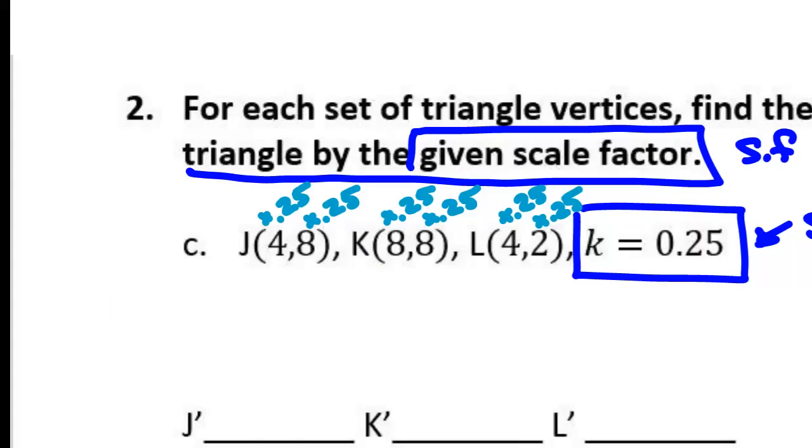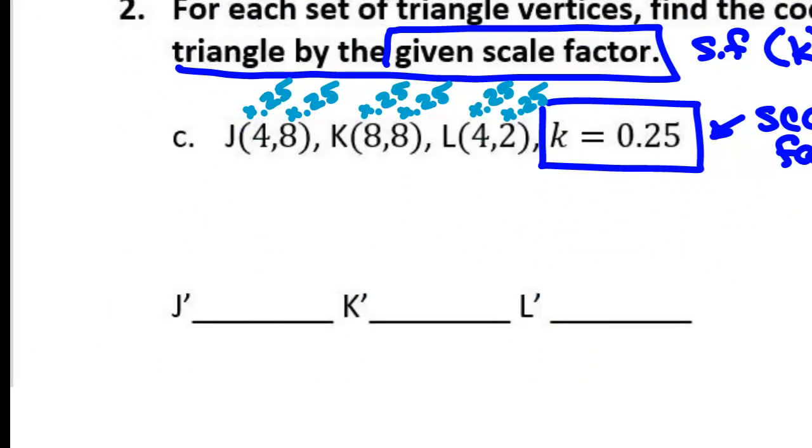So when I multiply 4 by 0.25, what do I get? 1. And then we do 8 times 0.25, and that gives us 2. So our first dilated ordered pair is 1, 2.